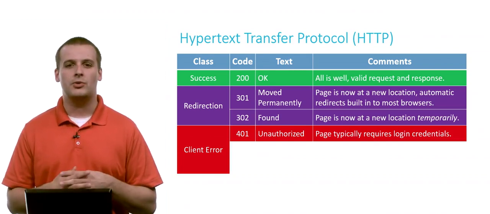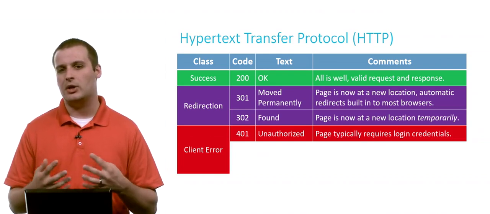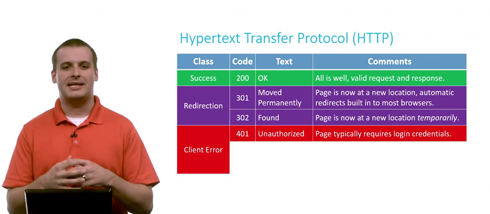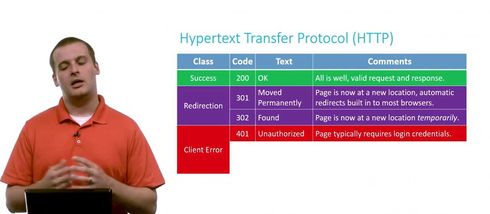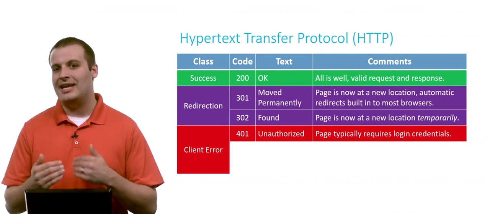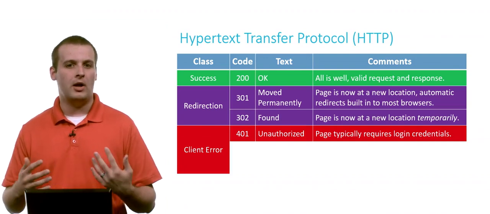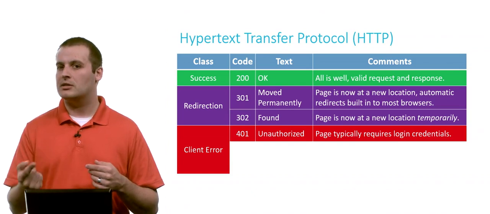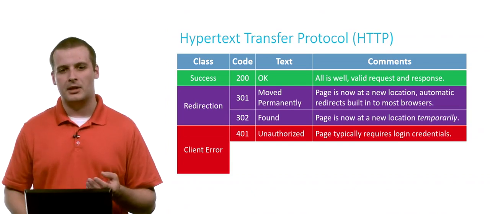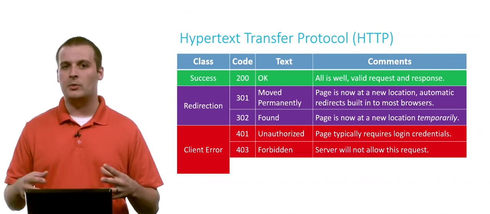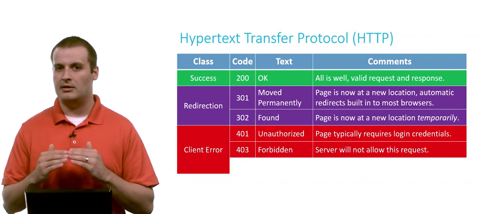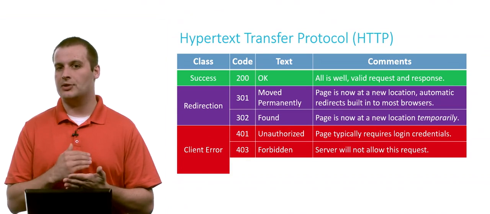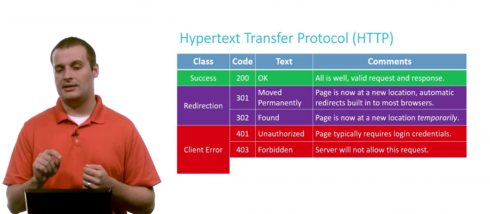So if you try and go to some profile on Facebook, or you're at work, trying to access something on your work's intranet, but you're not logged in, you can't see the page, you might get a 401 unauthorized, which means we probably will be able to satisfy this request, but first you need to log in to do so. Conversely, you might get 403 forbidden, which is, it doesn't really matter if you're logged in or not. This request isn't allowed. The resource exists on the server, but you are not allowed to access it.